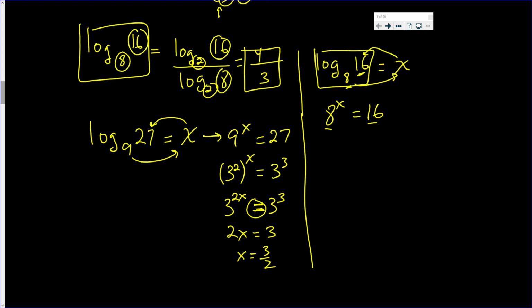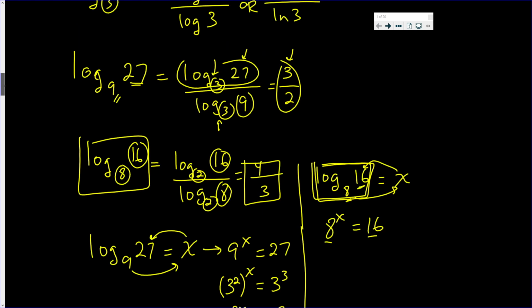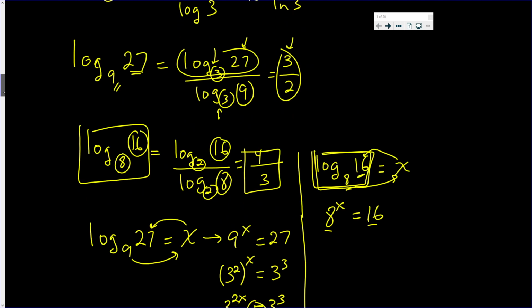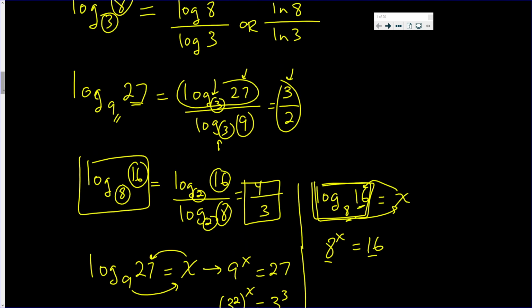So we could have done it right from the beginning, and actually we did. Okay, we did it right here. Log base 8 of 16 is equal to log base 2 of 16 over log base 2 of 8, 4/3.